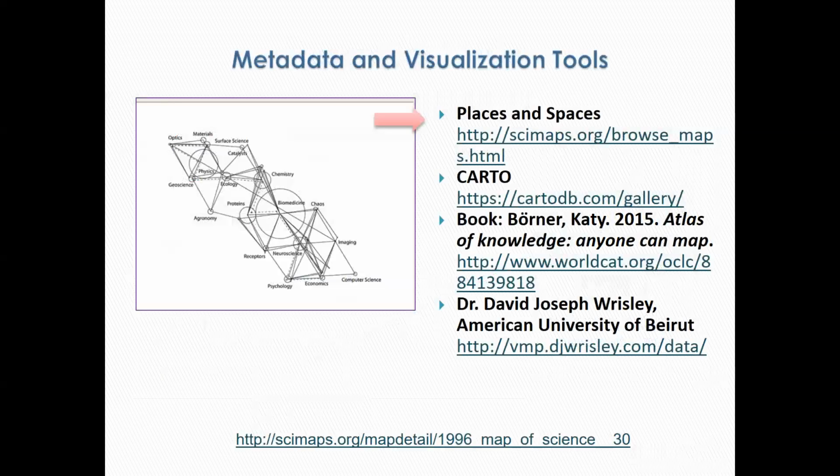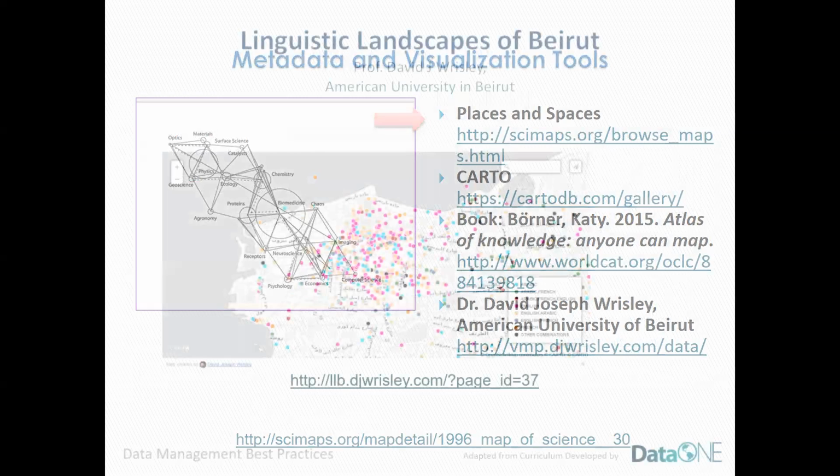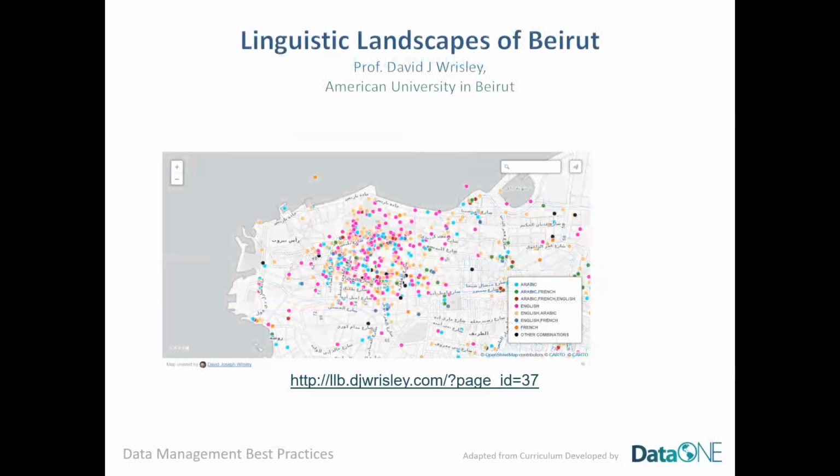And also in the geospatial humanities, you can have something from your digital humanities and map it in a format for data visualization. I added a project by a colleague from the American University of Beirut here as an example. Dr. David, my colleague, studied the linguistic landscape of Beirut.